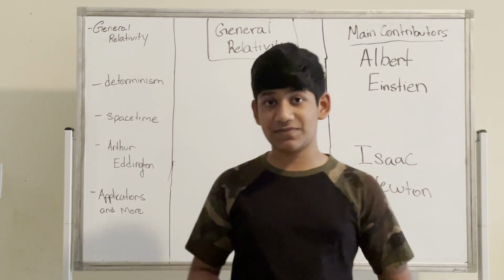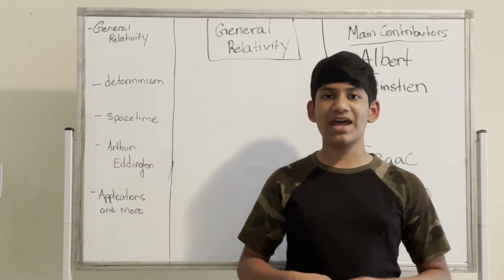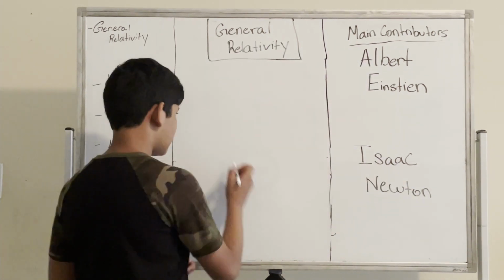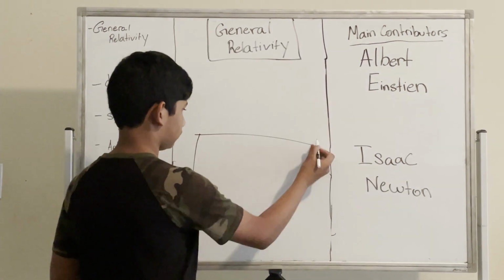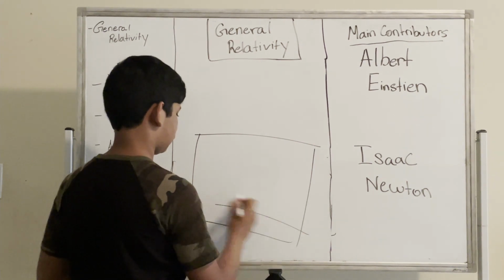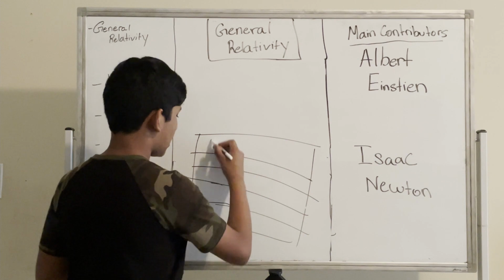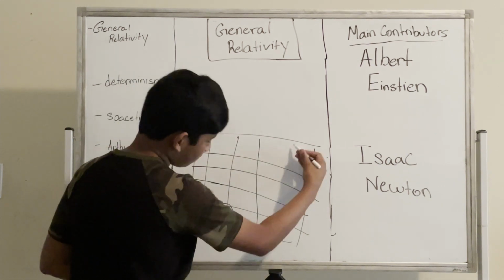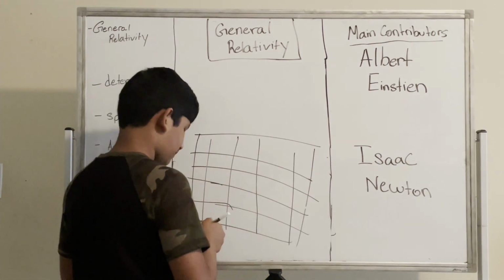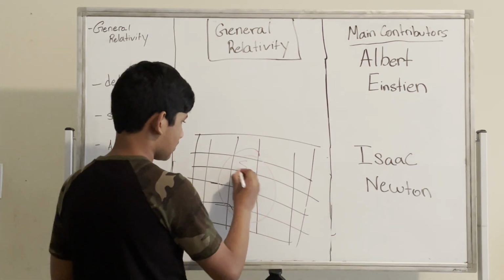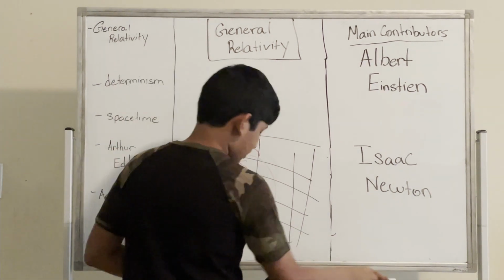We also have Einstein's field equations. So we have tons of equations, and when they calculate it, they say this one thing. So if we draw space-time, remember this is not accurate because we're not in 4 dimensions. However, we're drawing it on a 2-dimensional plane, and we'll call this the sun.